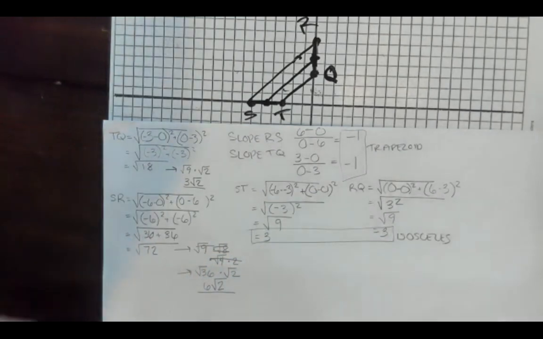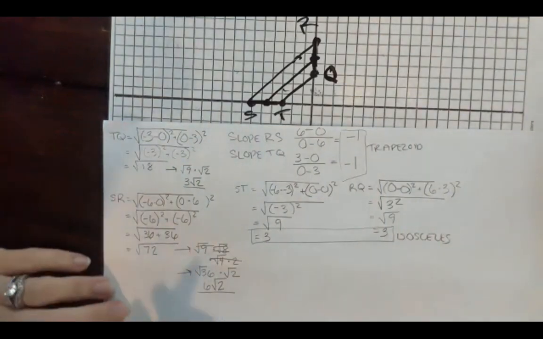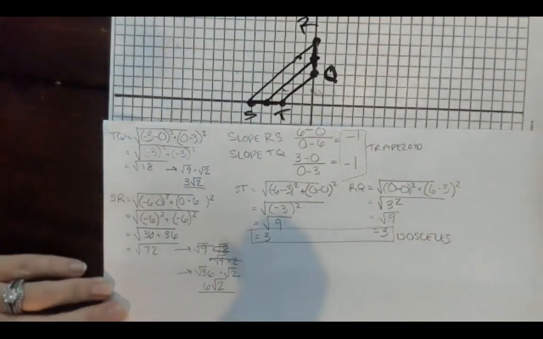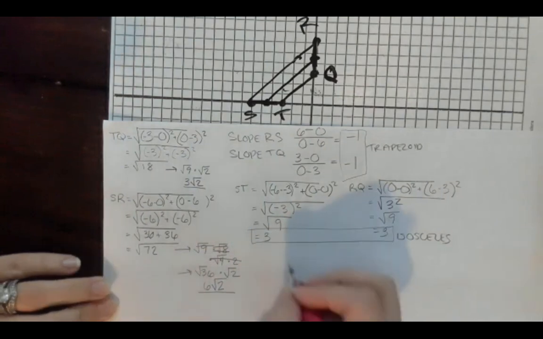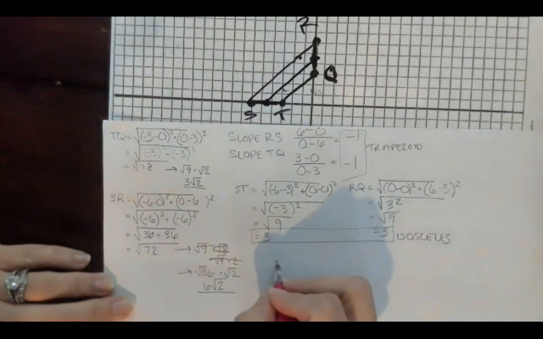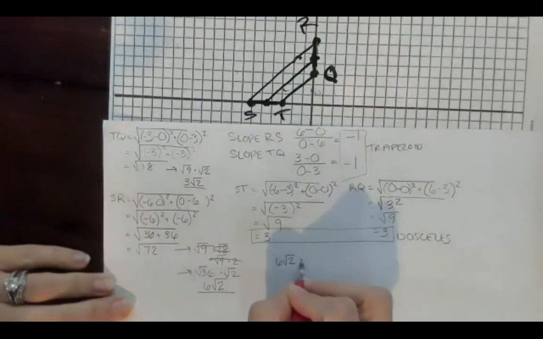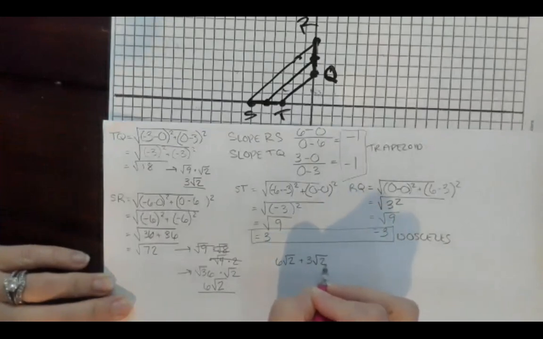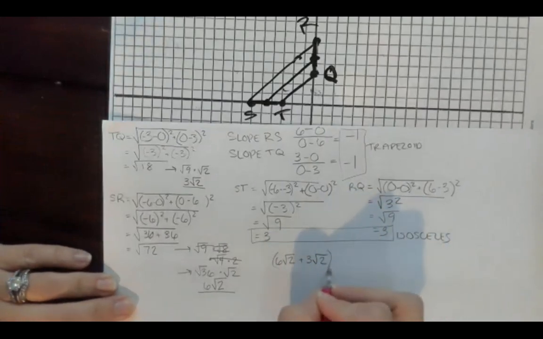Okay, so now let's do our mid-segment formula. We have to add our bases and divide by 2. So here we have 6 times the square root of 2 plus 3 times the square root of 2. And we're going to take half of that or divide it by 2.